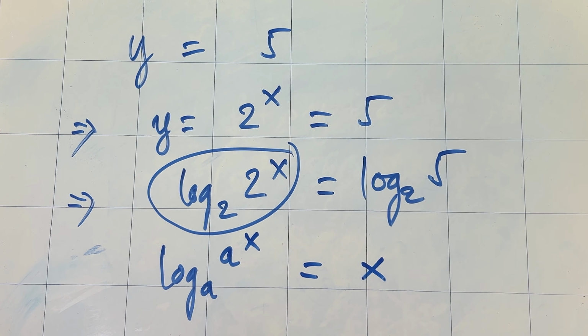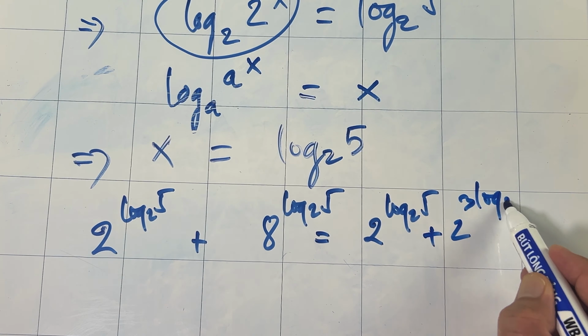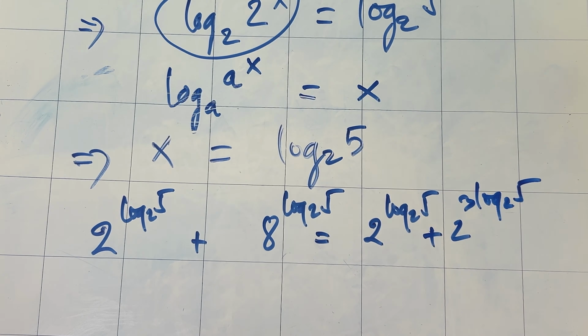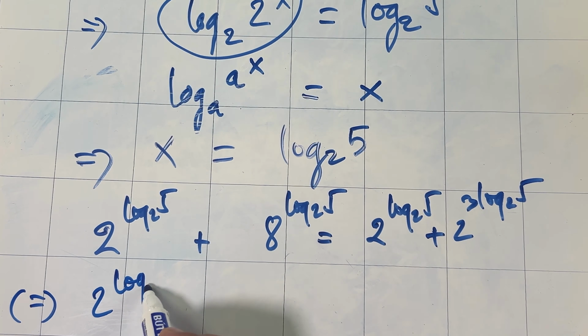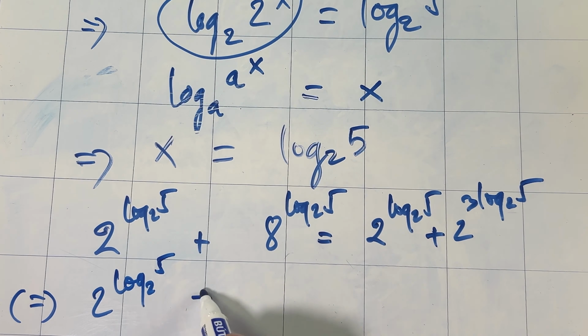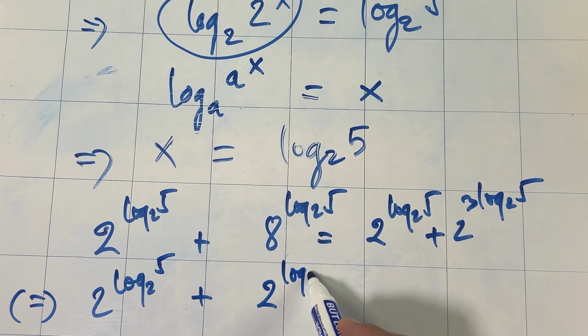We will check this solution in the equation. We see 2 to the power of log base 2 of 5 plus 8 to the power of log base 2 of 5 will equal 2 to the power of log base 2 of 5 plus 2 to the power of 3 times log base 2 of 5, which will equal 2 to the power of log base 2 of 5 plus (2 to the power of log base 2 of 5) to the power of 3.